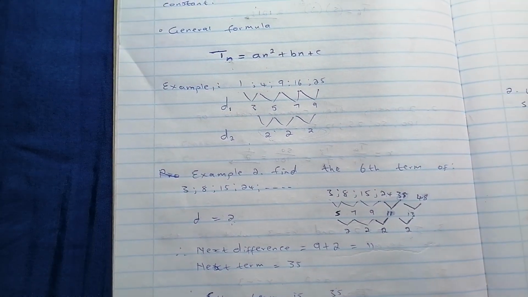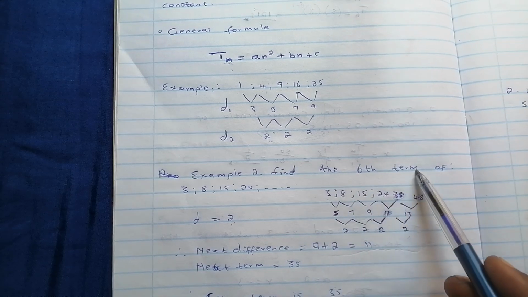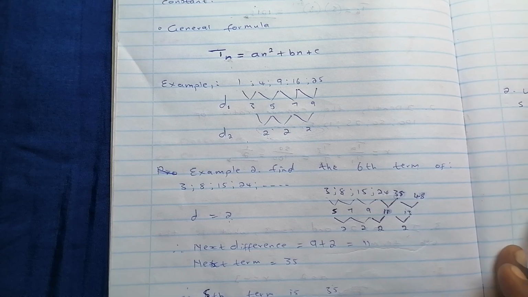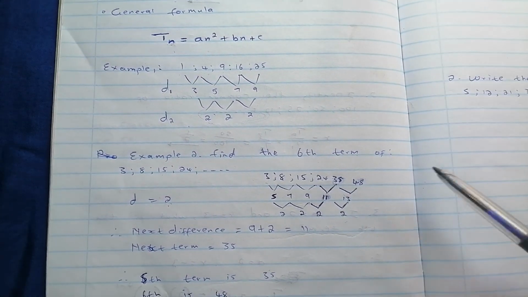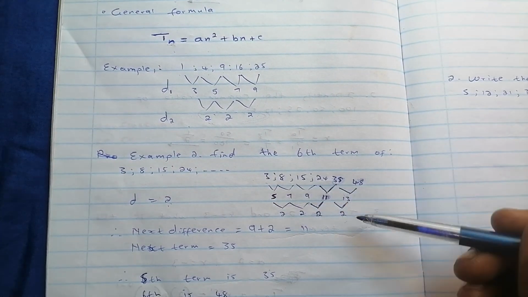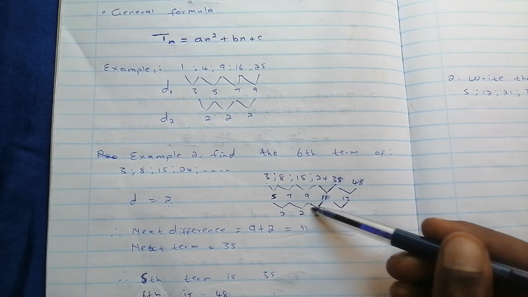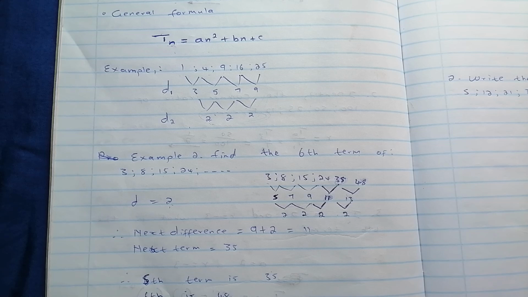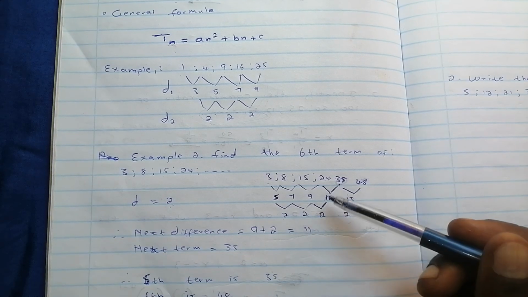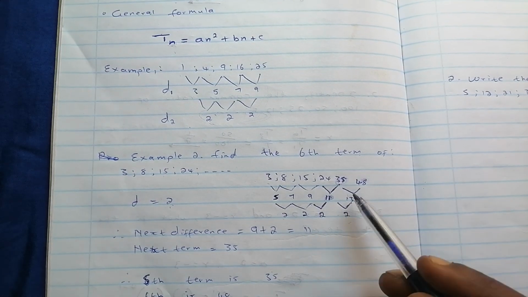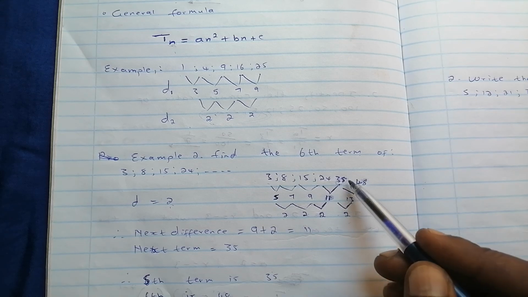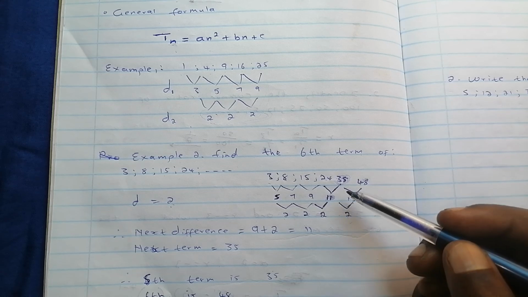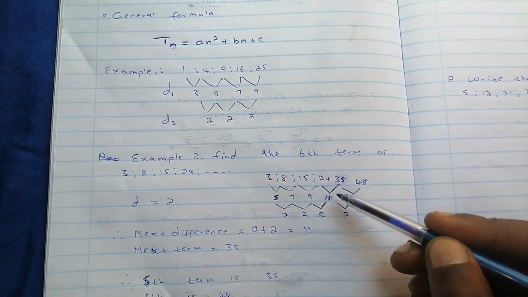Let's look at an example. So it says find the sixth term of 3, 8, 15, 24. We're going to do the same thing. Find the first difference and then find the common difference, which is your second difference. Okay, so since it's 2, to find the fifth term here, you're going to plus the 24 by 11.